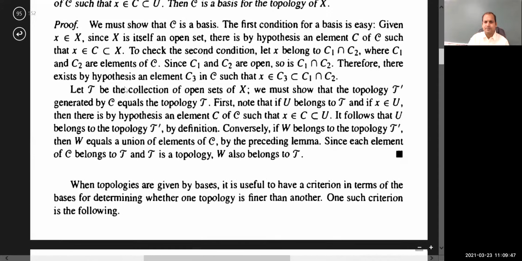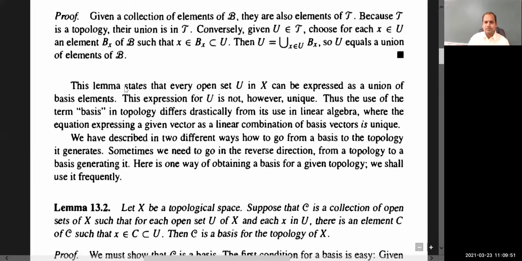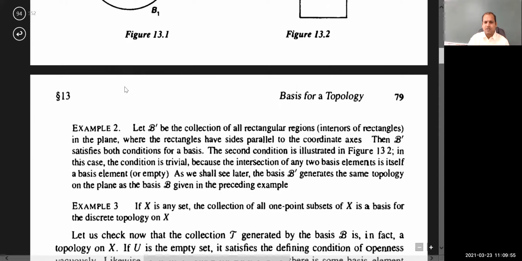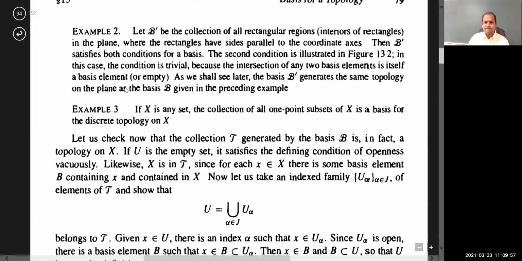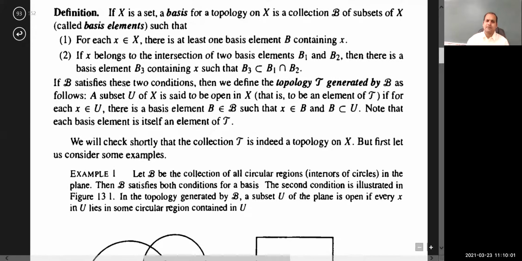Okay, this one. I think the definition was in the starting. Yes, this one, look here.